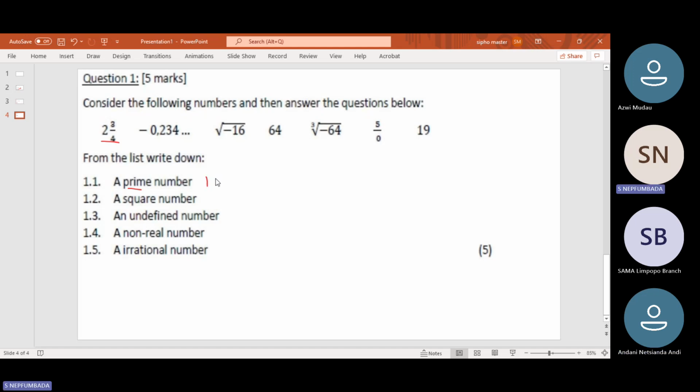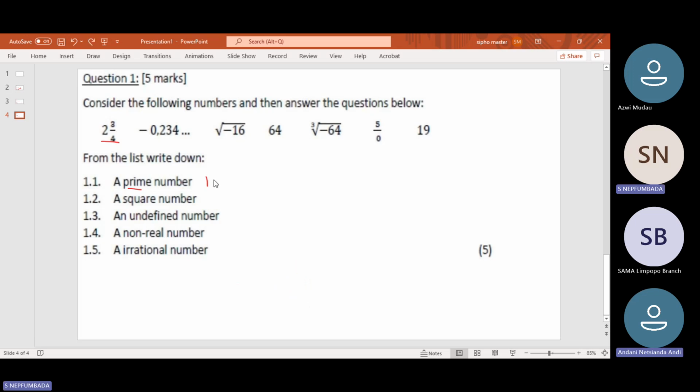So what is our prime number there? 19. So what is the square number there on the equation? Do you know what is a square number? It's a number that when you put it in the square root, it will give you a number without a comma. Are we fine?